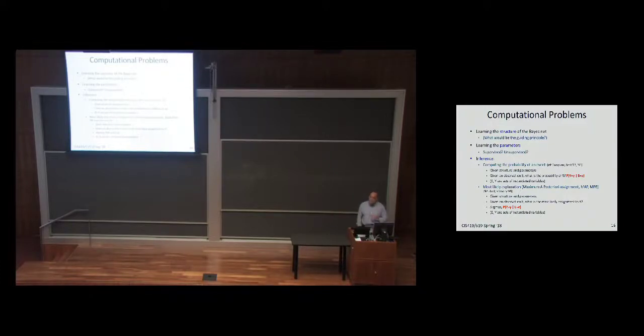So that's one event, and that's one inference task. And the second one is you make some observation. So you observe that A is 0 and B is 1, and you want to know, give me the most likely assignment to some other variables that I care about.